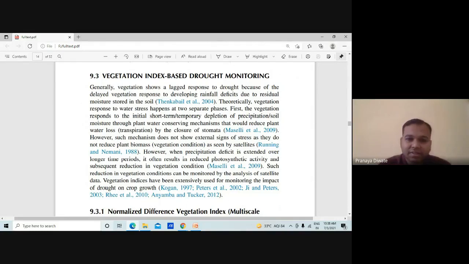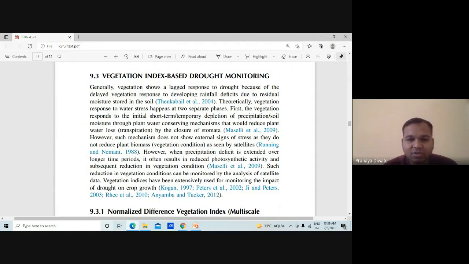Generally, vegetation shows a lagged response to drought because of the delayed vegetation response to developing rainfall deficits. Theoretically, vegetation response to water stress happens in two separate phases.